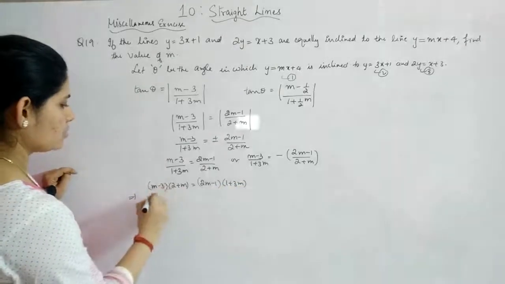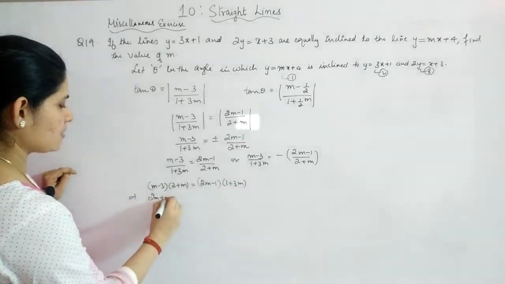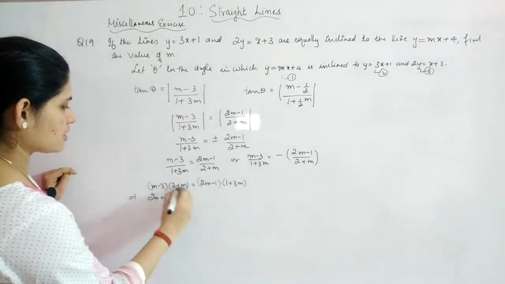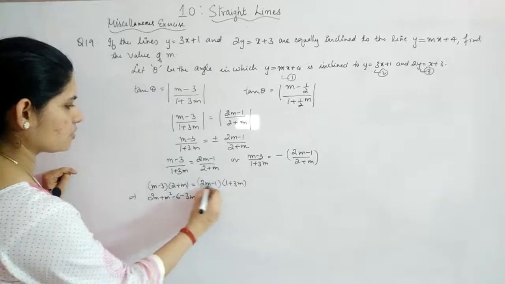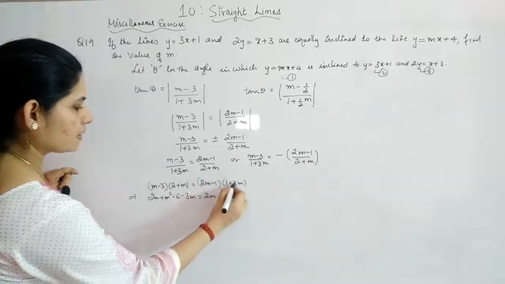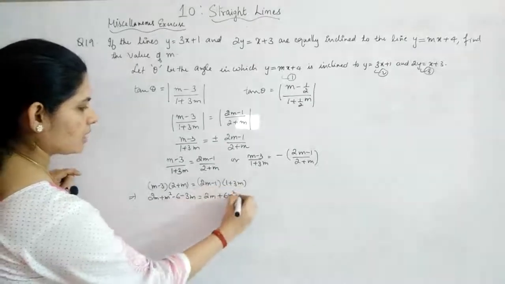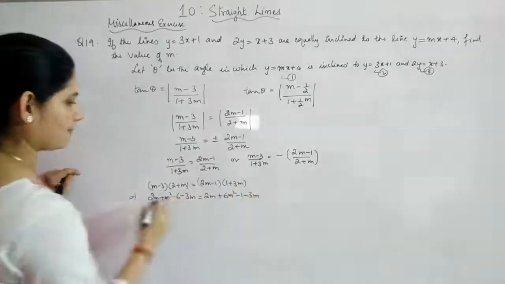That is 2m plus m square minus 6 minus 3m is equal to 2m plus 6m square minus 1 minus 3m.